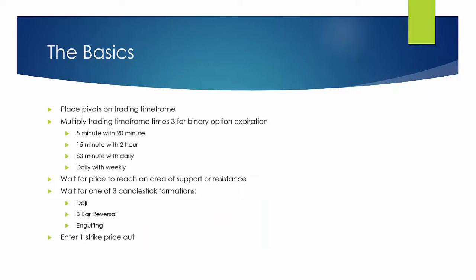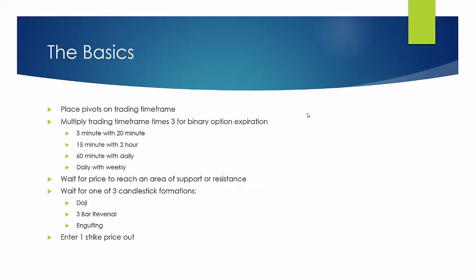Now, memorizing the candlestick formations is the hardest part of this trading strategy. The rest is very simple. First, you put the daily pivots on your trading time frame. Because we have binary option expirations, I calculate that I need 3 bars in my direction.